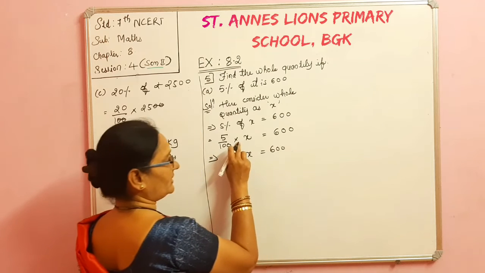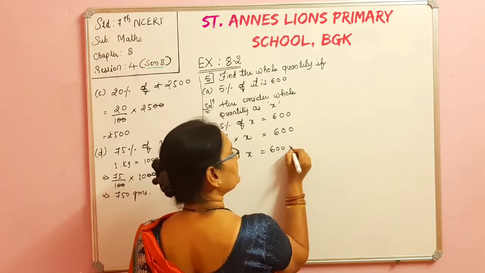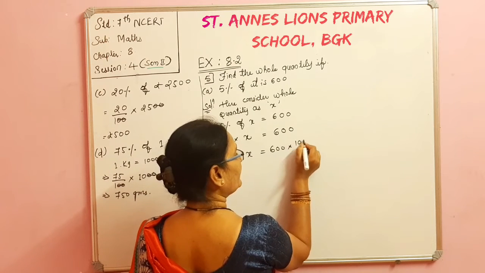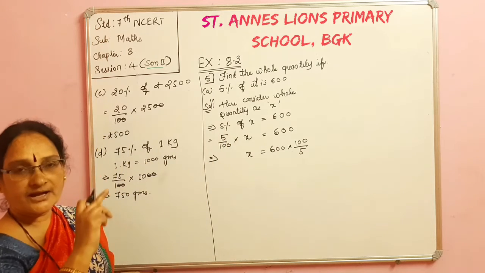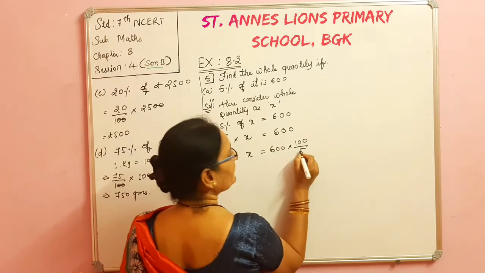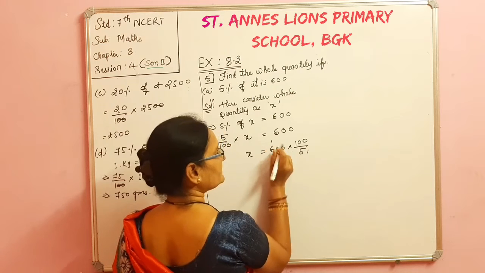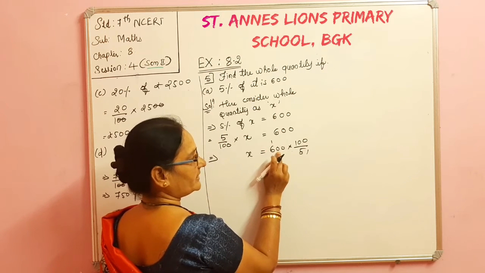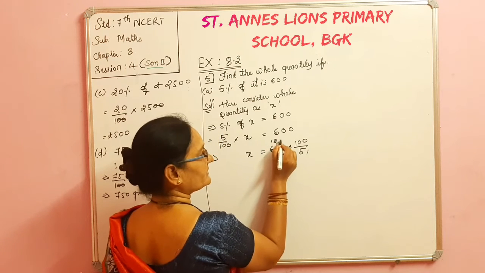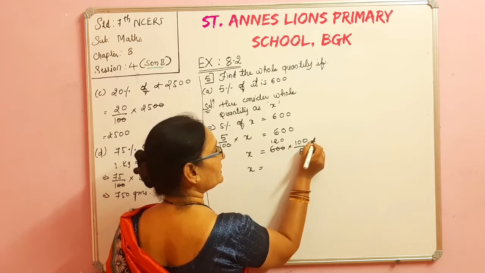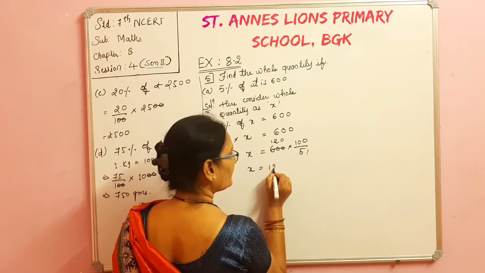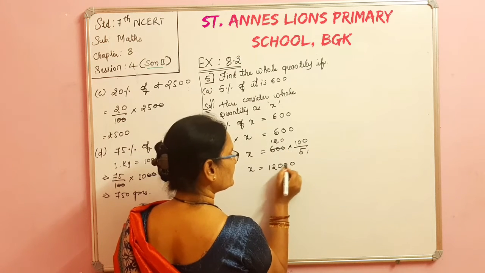Here it is multiplication. When it goes that side, that is division. Division means it will be reverse. 5 by 100 will become 100 by 5. So here 5 ones are 5. Here 1 remains 10. 5 twos are 10. 0. So x is equal to 120 into 100 is 12,000.